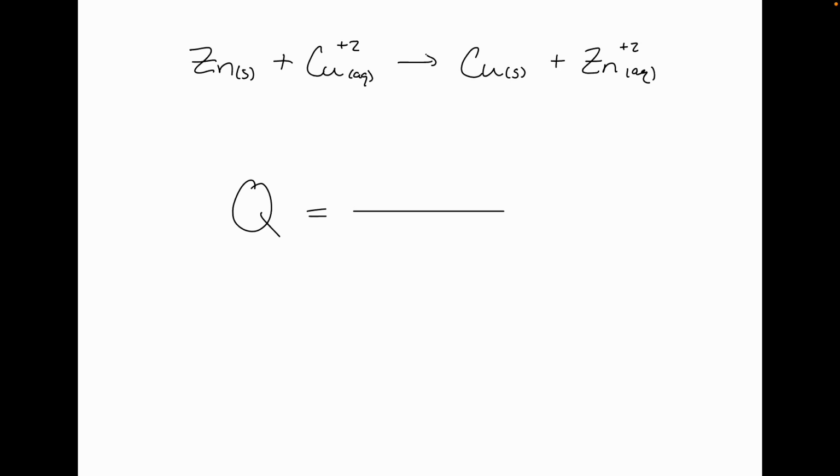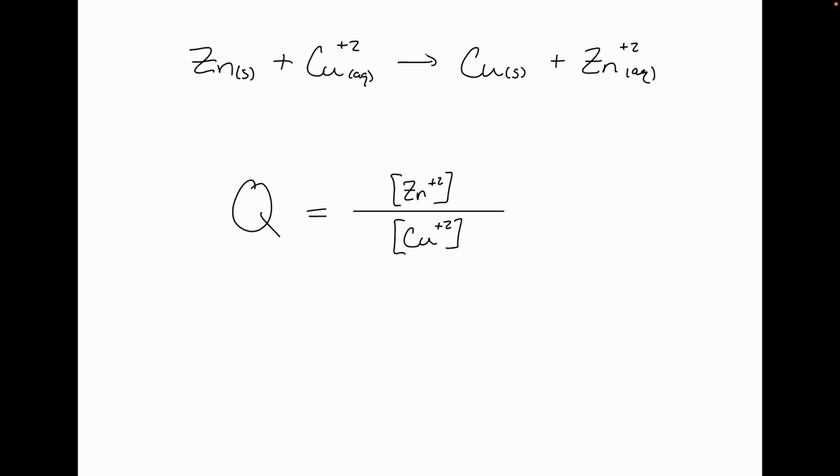All right, remember, I'm going to do my equilibrium expression. So what over what? Products over reactants. And which one of these products do I not have to bother to include in my equilibrium expression? My solids, right? My copper. So this is just the concentration of zinc ions divided by my reactants, the concentration of copper ions. All right, so that would be my expression for Q.